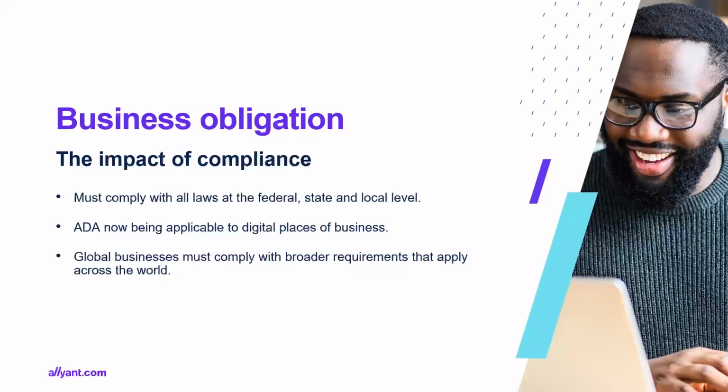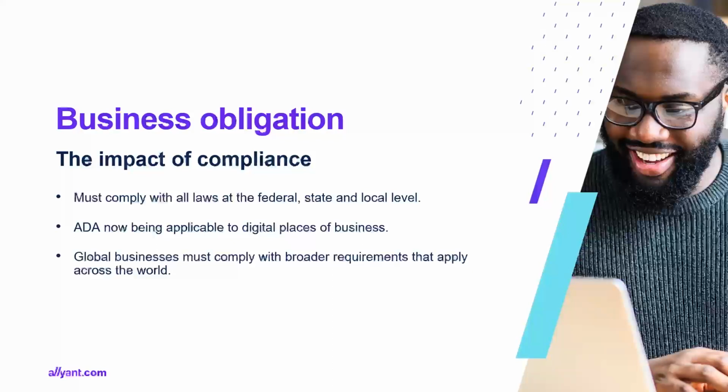All that's changed really in the last 5 or 6 years. When I first got into this industry in 2012, you would talk to people, and what I would always hear was, we're not under 508, so we don't have to worry about it. Later on, in the last 4 or 5 years, the Department of Justice has been looking at accessibility as more of an ADA issue and not a Section 508 issue.